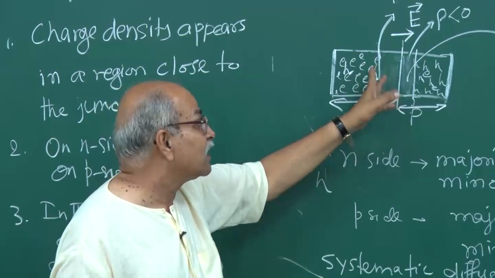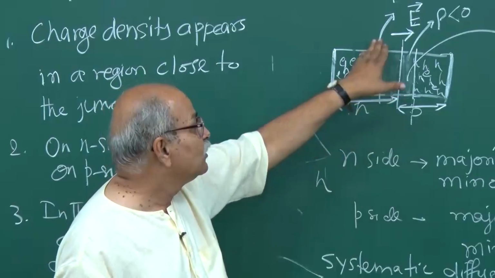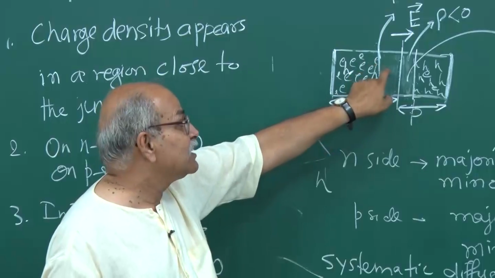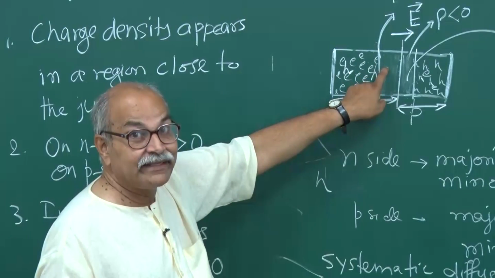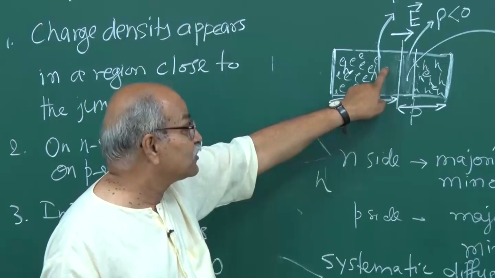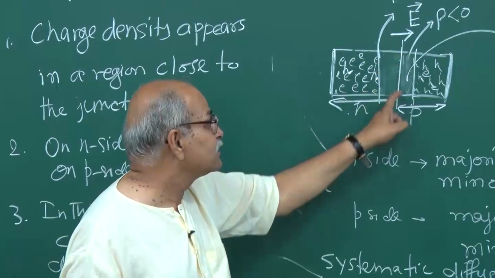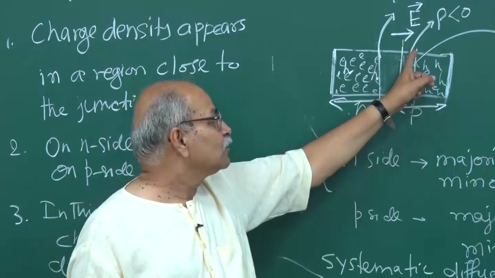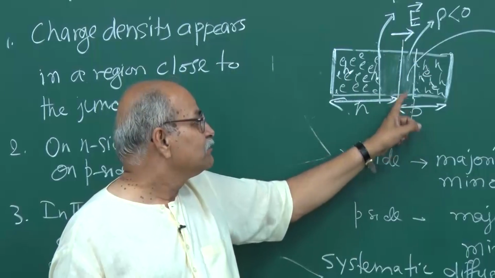Although the conduction electrons are not there, the holes are not there, still those pentavalent impurities that we have put in, arsenic or phosphorus, are distributed in this entire region. This is still an n type region. And similarly here, although there are no holes, no electrons, it is still p type.